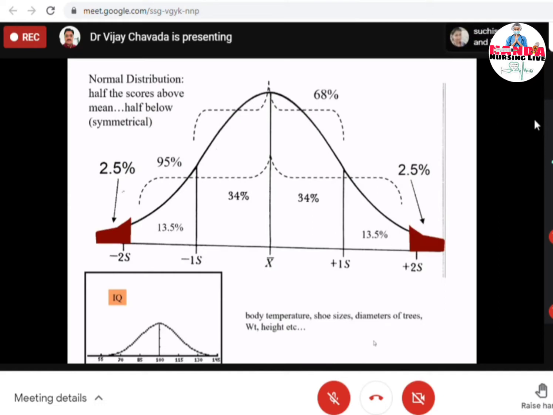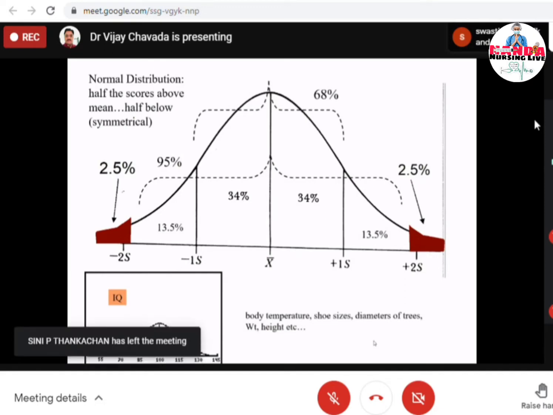If you plot, say, 100 samples, the curve looks like this: the central value x bar is the average value, and on either side of it there are +1 and -1, -2 and +2 standard deviations.